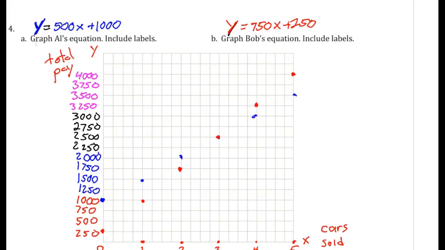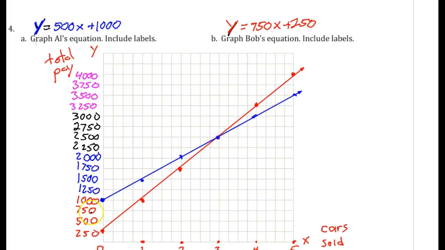But for the purposes of us just seeing who is making more money and when, it does help. So I'm going to draw the line just for that reason. But normally we wouldn't, because there are no fractions of cars in between. Okay? But when you draw the line, you can see a little more clearly what's going on.